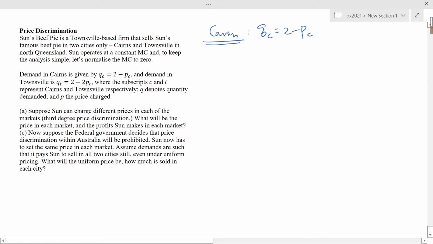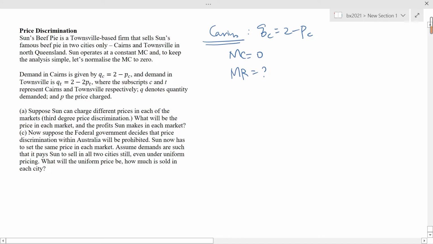So our task is to determine what price I should charge in the Cairns market and what quantity I should sell there. We know that MC is equal to 0. Then our next step is to figure out what MR is and equate MR equal to MC so as to maximize the profit.